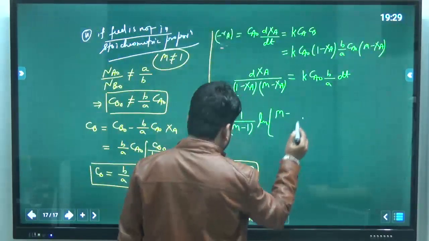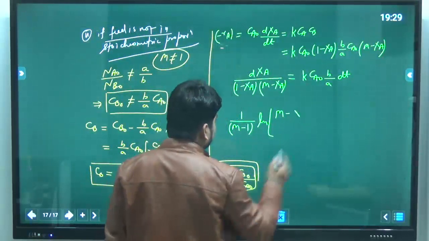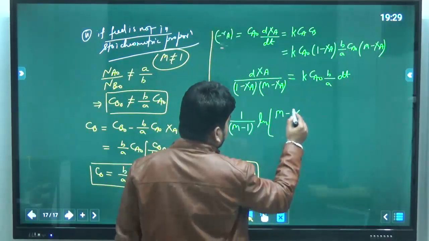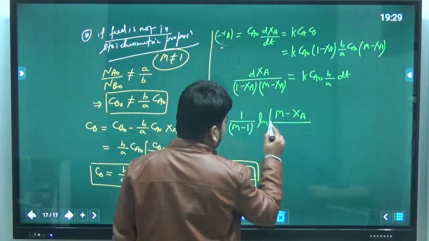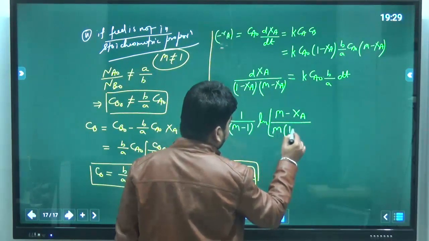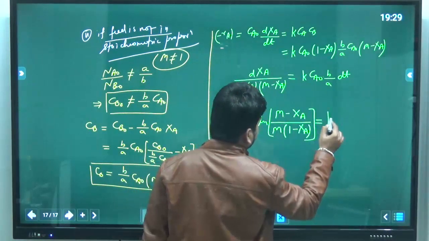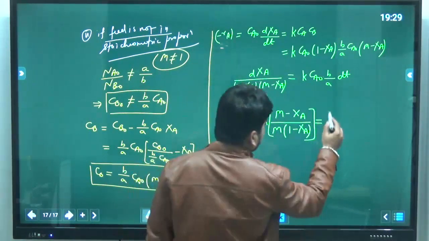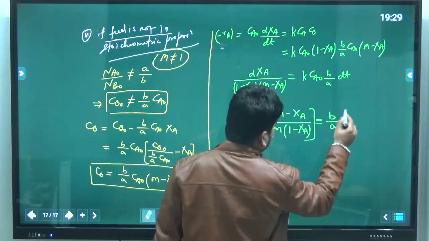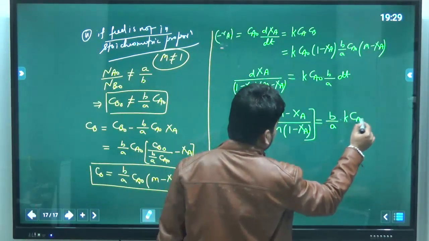(M - Xa) over M times (1 - Xa), that is equal to (b/a) times k Ca0 t.